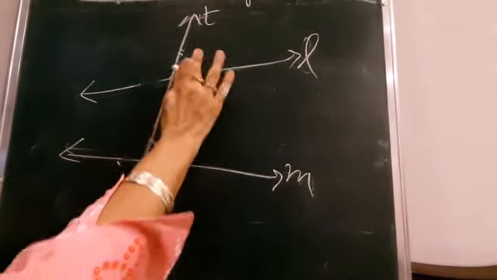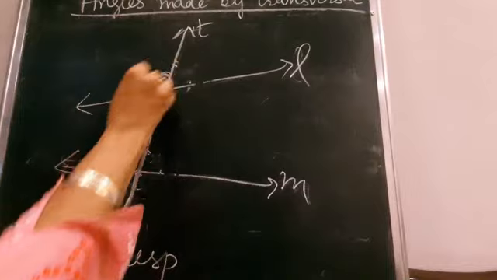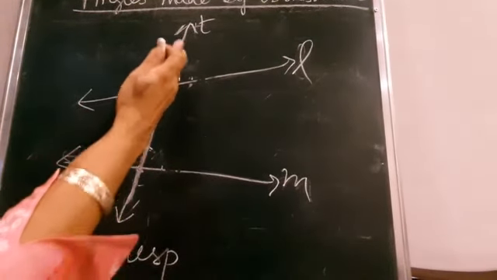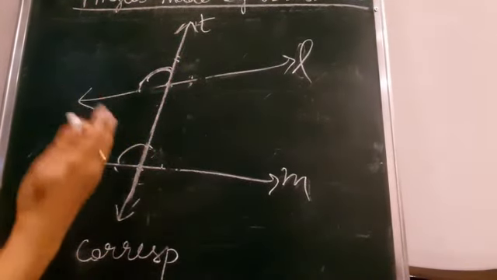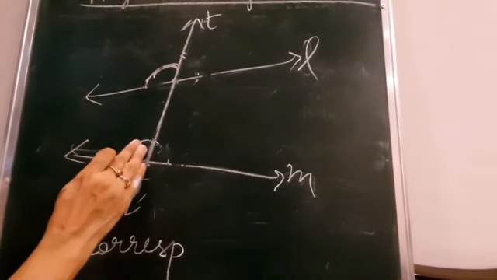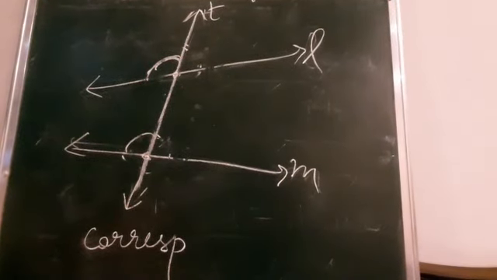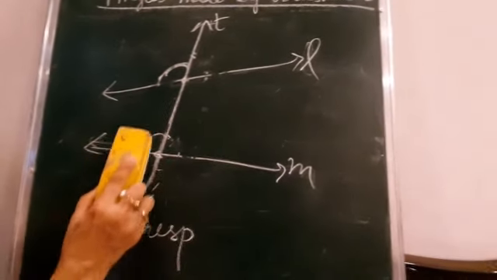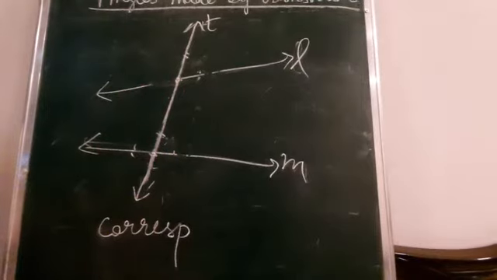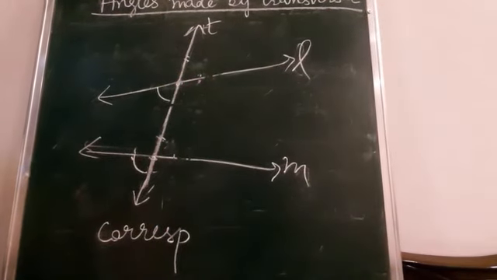Now these two angles are also said to be corresponding because they are on the same side. Now this is the left side. This side also they are on the same side and both have different vertices. Any other pair possible? Yes. Third possibility is this.